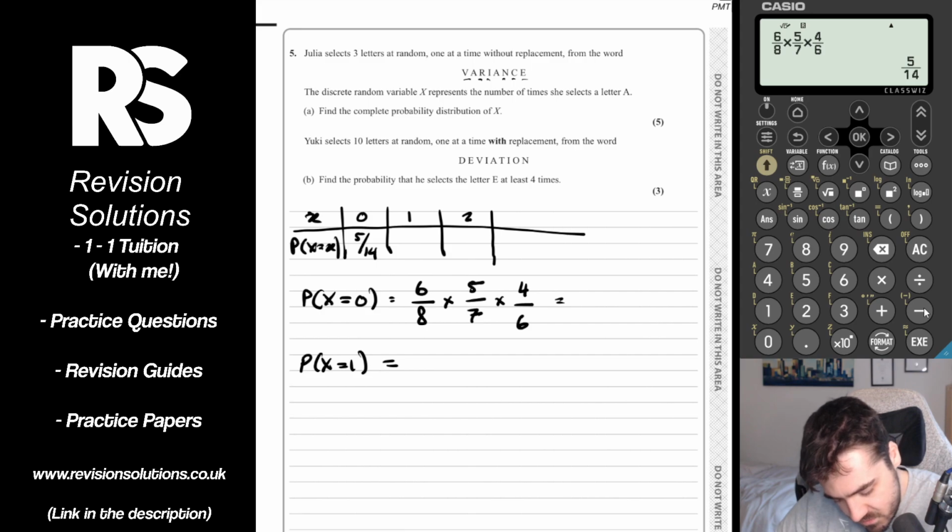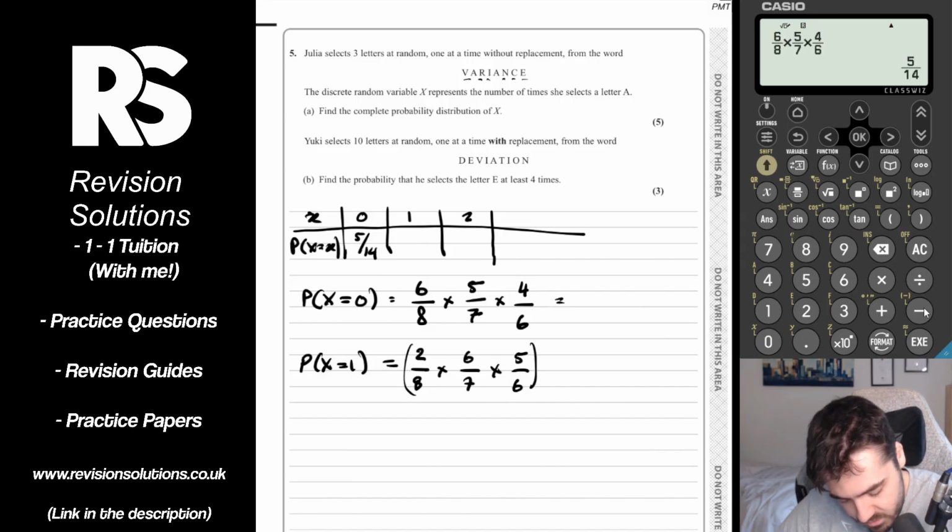That would be 2 in 8. And then she'd have to pick not an A twice. So it would be 2 in 8 times the remaining letters, 6 in 7, and then times 5 in 6. That would be the first possible option.